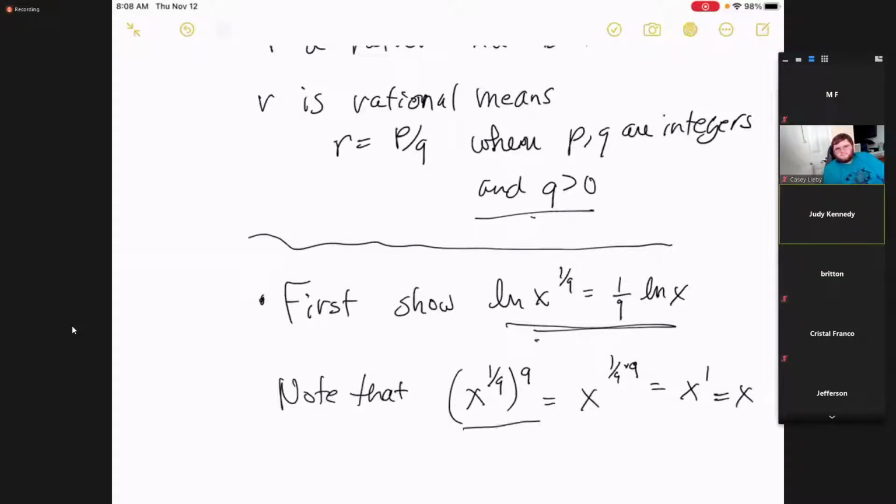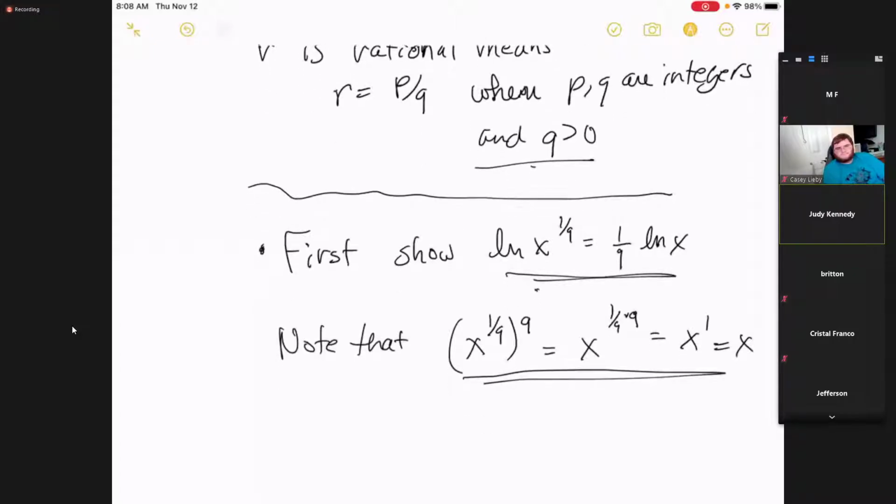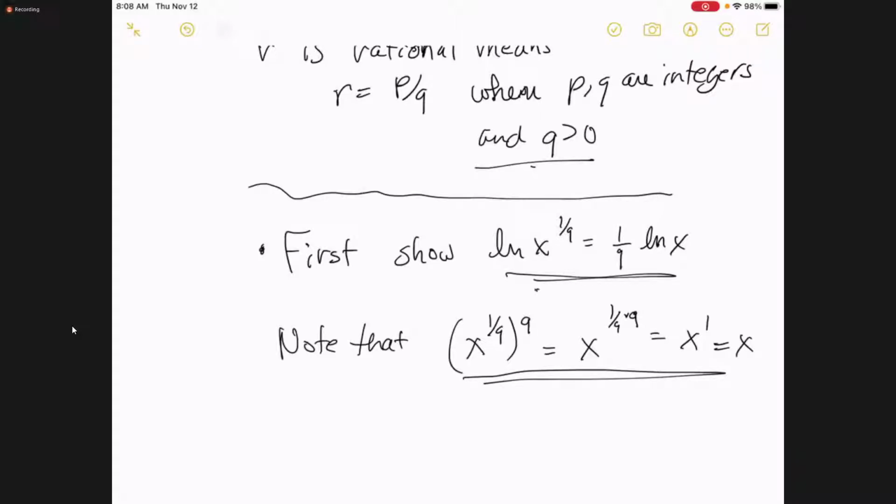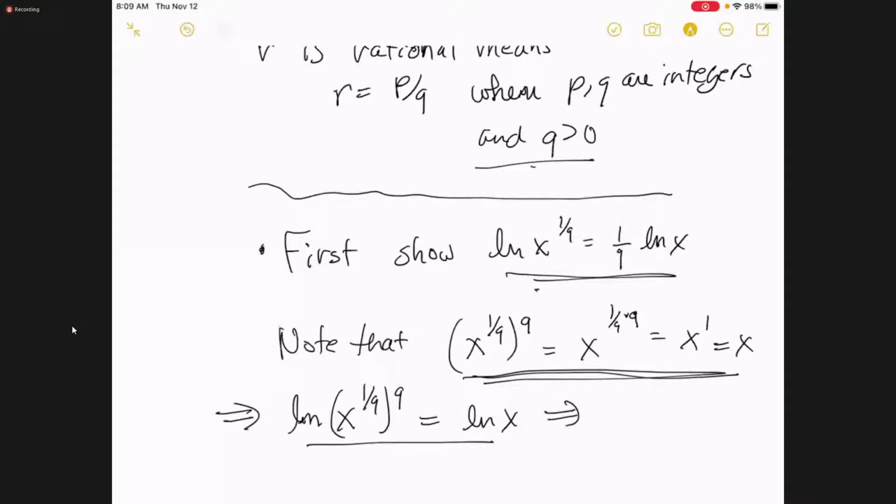Okay, so I'm going to use this algebra fact. Well, then ln of x to the 1 over q, raised to the q, is equal to ln of x. Okay, this is true. But what have I already done?